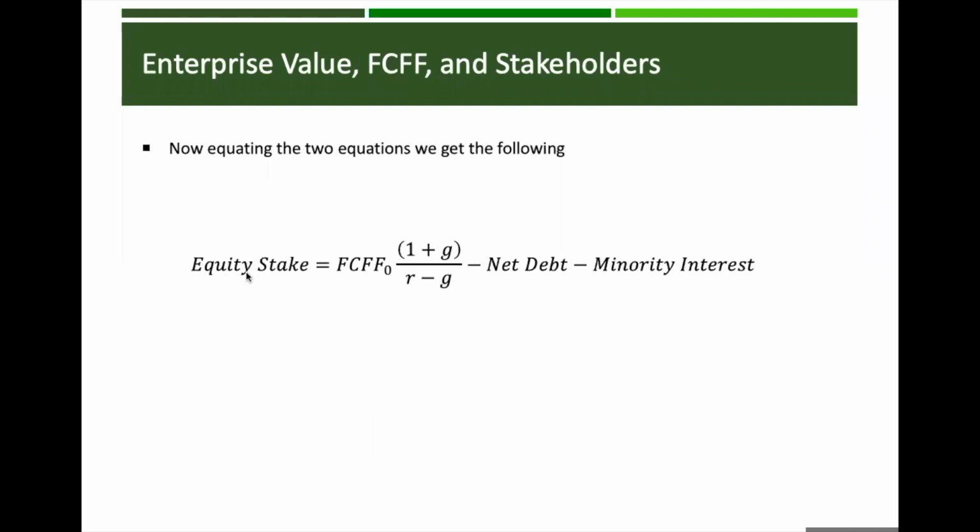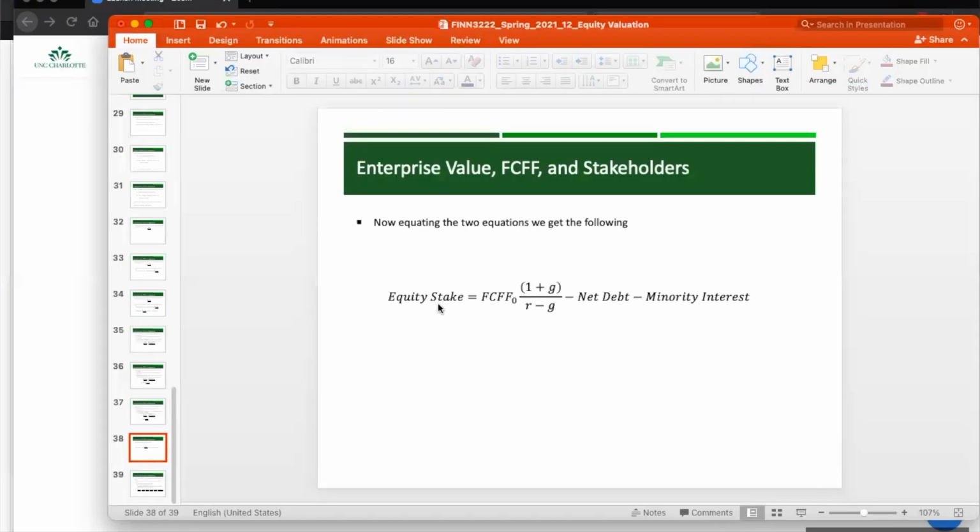So now here we have equity stake is equal to free cash flows to the firm at time 0. That just simply means from the prior period, so the prior year, times, if we assume a constant growth rate, 1 plus G divided by R minus G, minus net debt, minus minority interest.